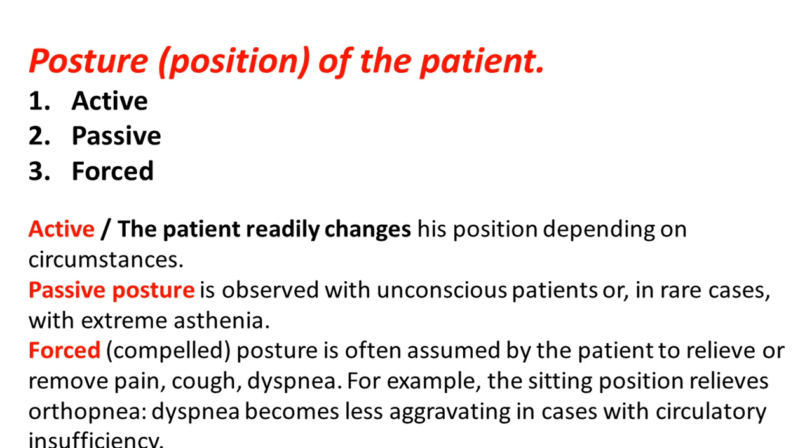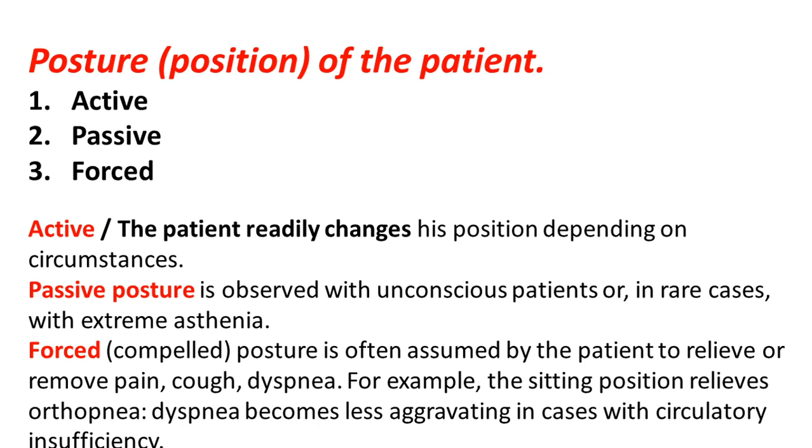There are three types of position and posture of patient: active, passive, and forced. Active is when the patient by himself can change his position depending on circumstances. Passive position is observed with unconscious patients or in rare cases with extreme asthenia, when the patient couldn't by himself change his position.